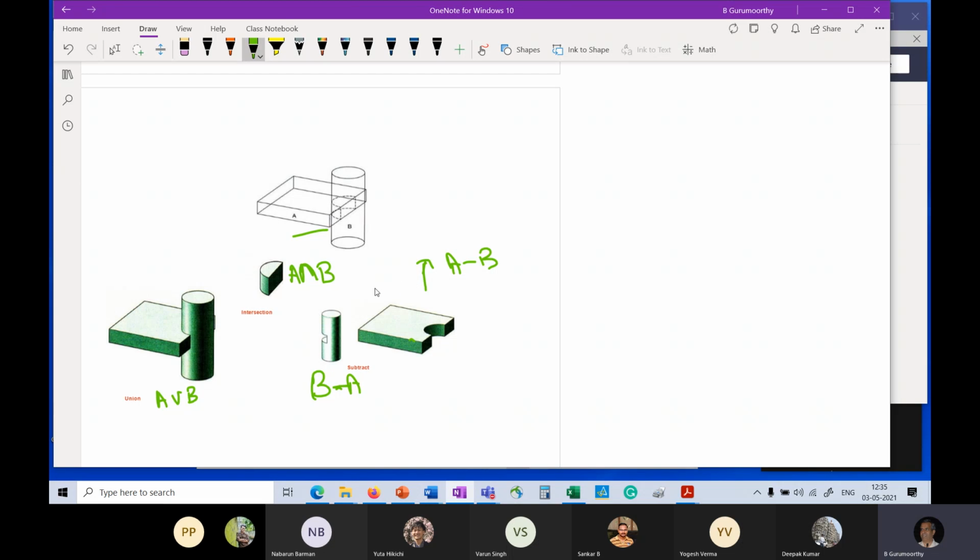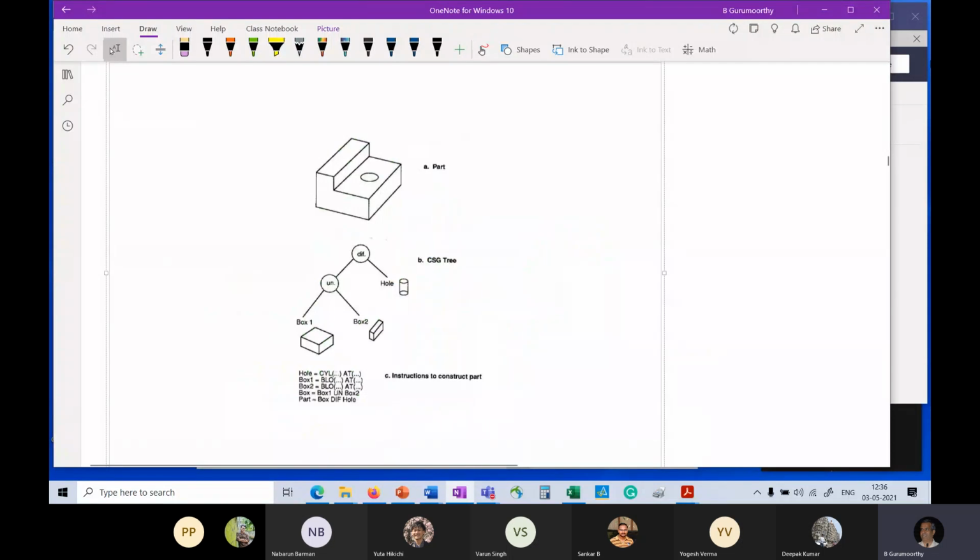Okay, so if you are interested in creating any of these shapes, then these become the procedural models of these respective parts. Okay, you still don't have the BREP, but these are the procedural models corresponding to the thing.